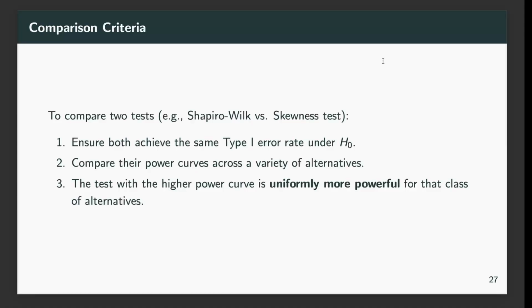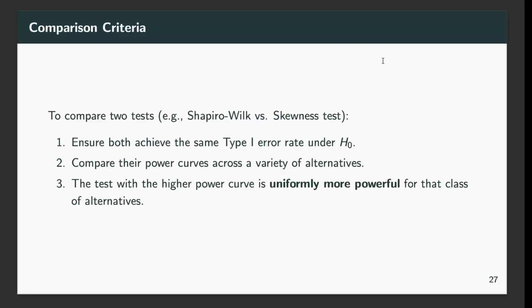So how do we want to compare? These are the comparison criteria. First, both of the tests must achieve the same type 1 error rate under the null hypothesis. This is very important to ensure fairness. For example, if one test rejects more than the stated alpha, it may have an unfair power advantage.